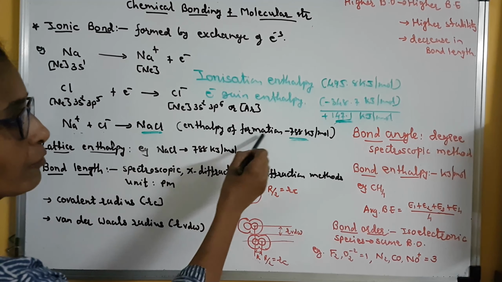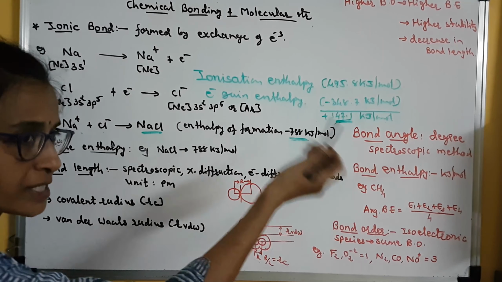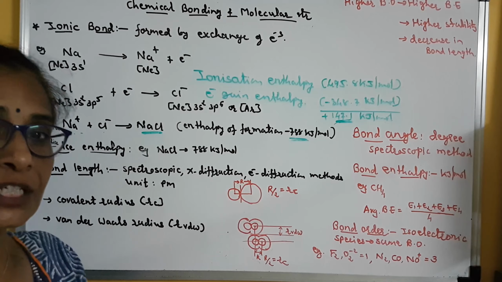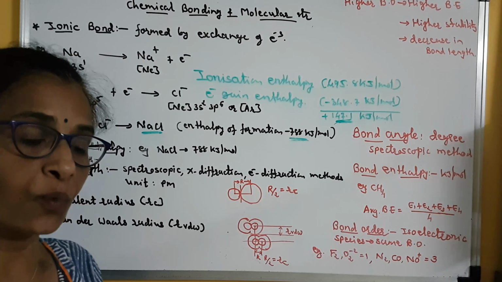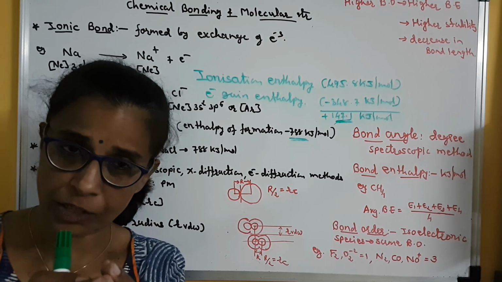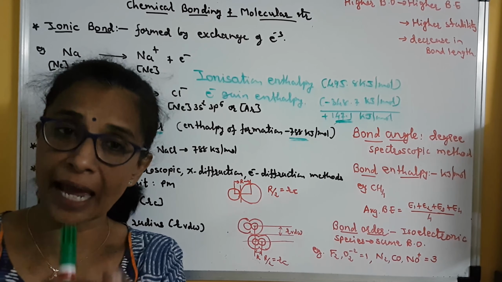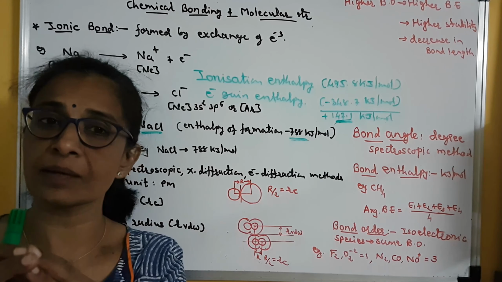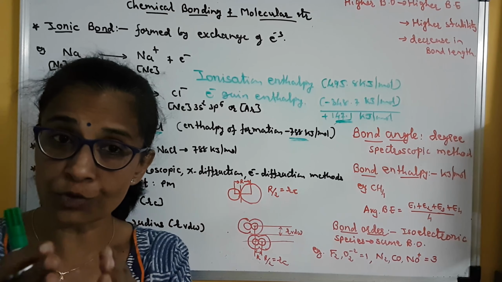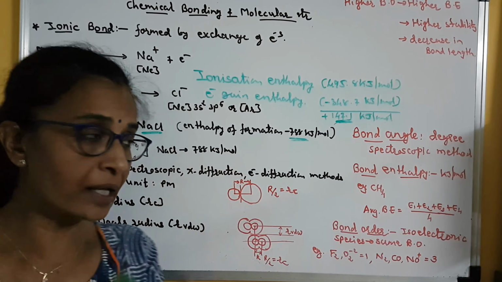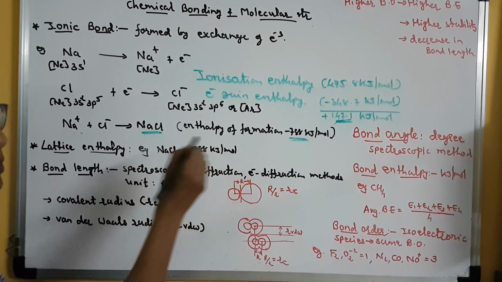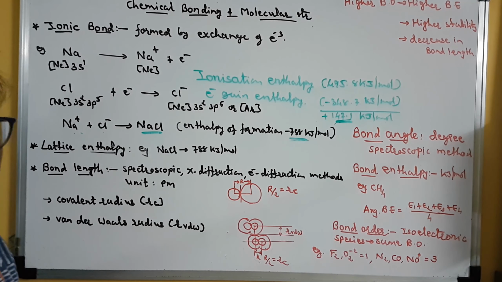So the enthalpy of formation of NaCl is minus 788, and lattice enthalpy is the energy required when 1 mole of solid NaCl is taken and the gaseous ions Na+ and Cl- are completely separated; it is plus 788 kilojoule per mole.